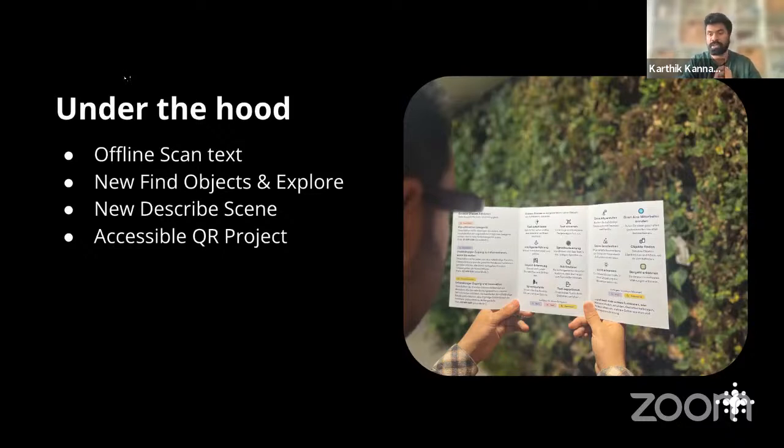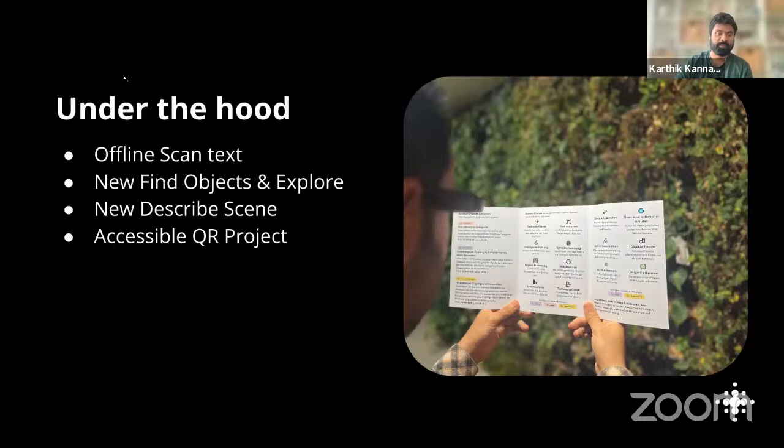So you can now use scan text on the Envision glasses without an active internet connection. Of course, features like Ask Envision would require an internet connection, but just being able to scan a document is now completely available offline.